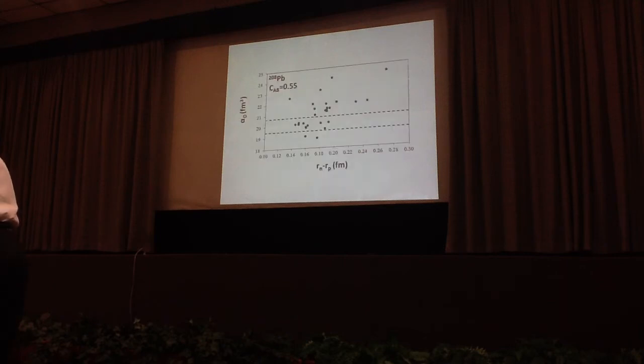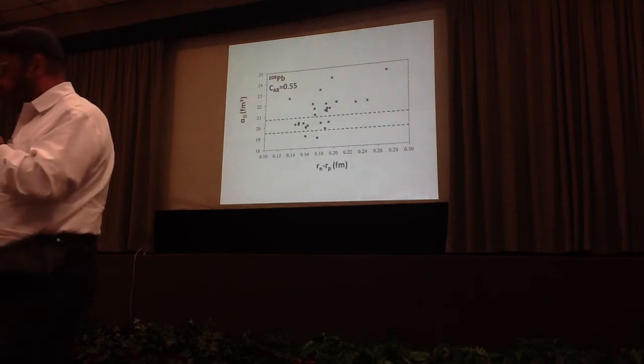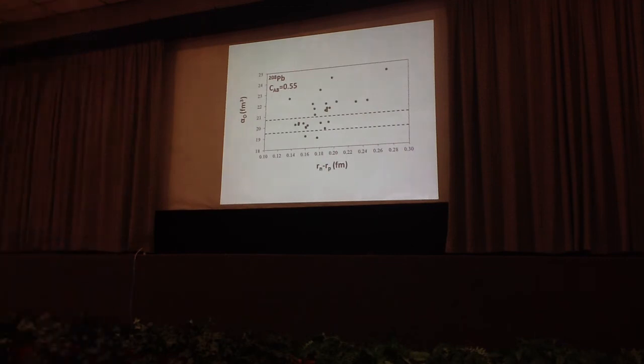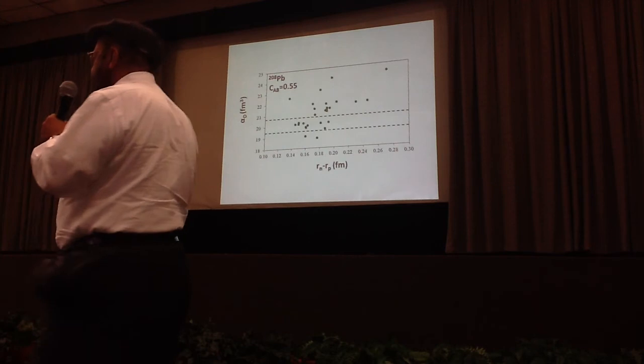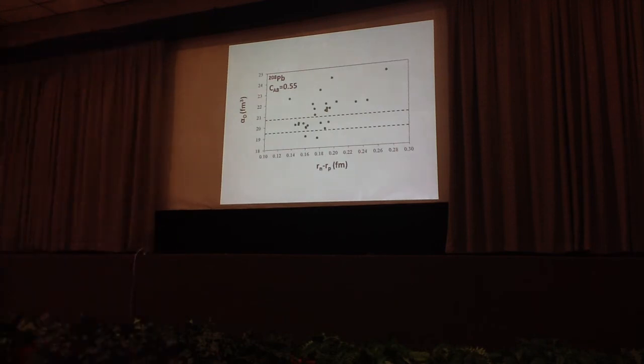Here is another result, very recently showed up in the literature, that if you measure the isovector polarizability, which is related to m_-1, the integral of 1 over E times the strength function, then you can pinpoint the value of Rn minus Rp in nuclei.